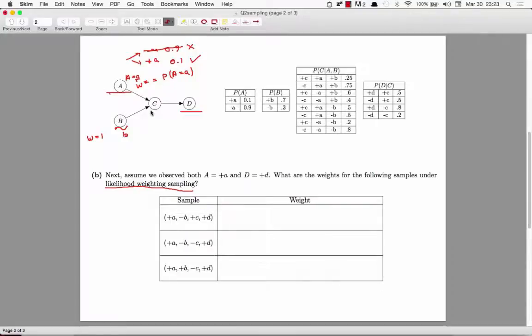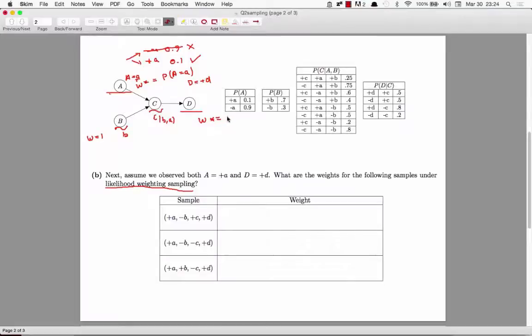Then when we reach node C, this is not an evidence node, so we sample from it. So again, we sample some value C given B comma A. Then we reach the node D. So this is again an evidence node, and instead of sampling from D, we just assign the value D equal to plus D, which is the evidence, and we update the sample likelihood weight by the likelihood of the evidence.